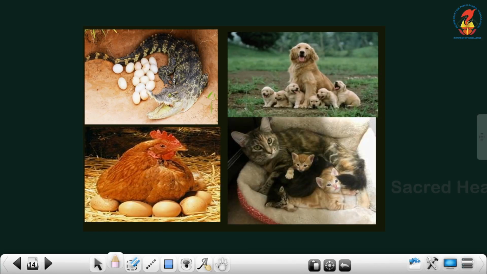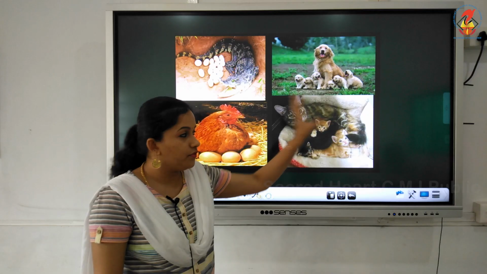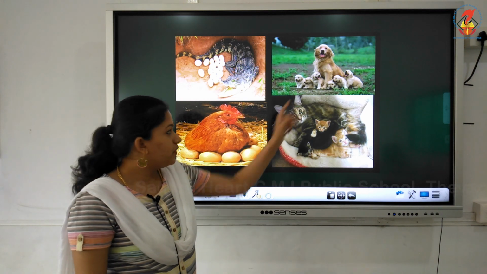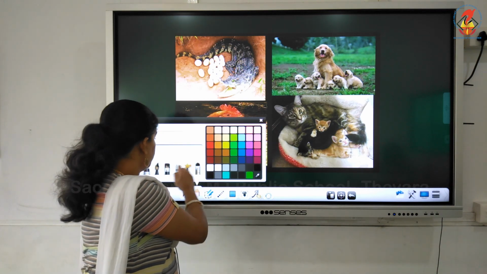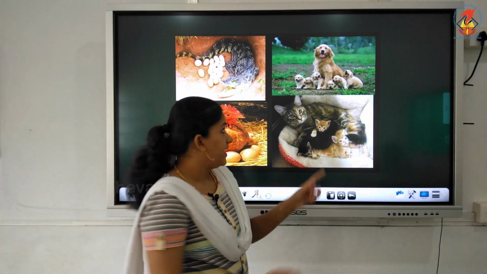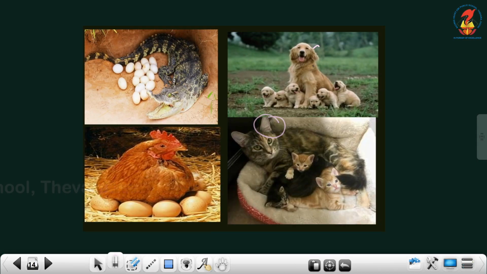Here I have given the pictures of animals that give birth and animals that lay eggs. If you look at the picture over here children, you can see that animals that give birth have visible ears outside their head, that means they have external ears, and they also have hair on their body.